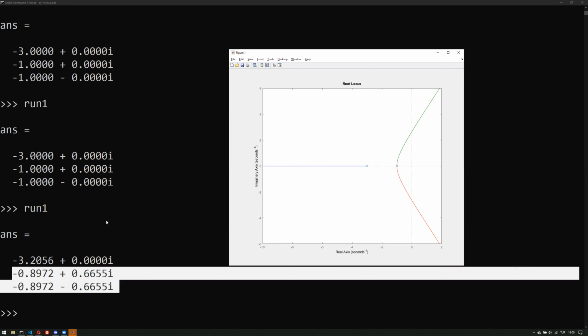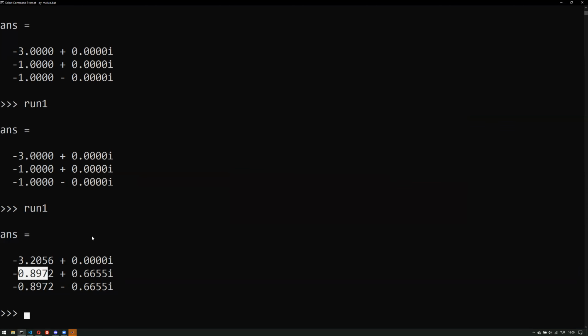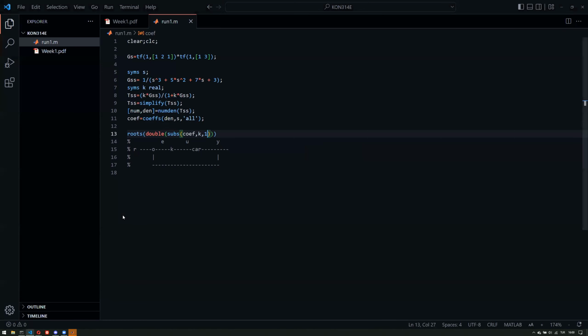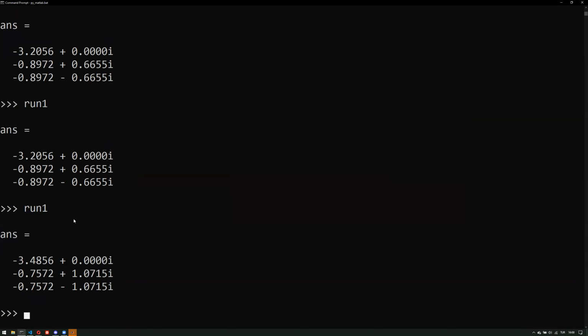The real part of them will decrease over time, so let's see that effect too. There we go. It was 0.89, now it's 0.75. And the third pole at minus 3 goes farther and farther away from this pole pair.